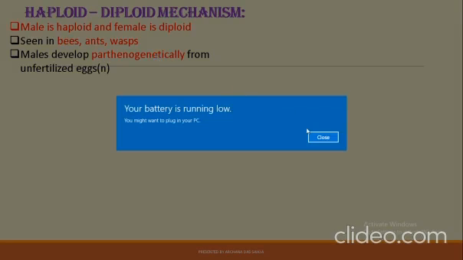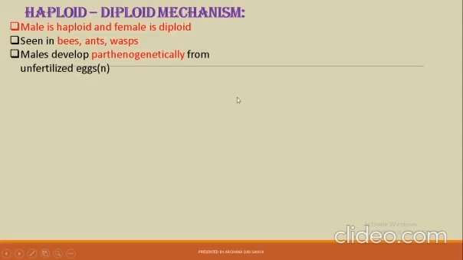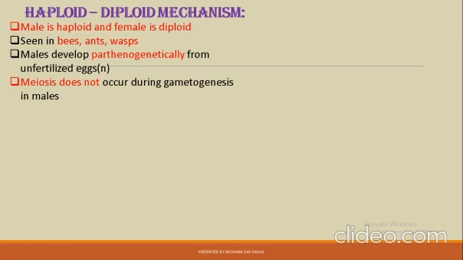It can be produced directly. Now, meiosis does not occur during gametogenesis in males. In the male individuals there is no occurrence of meiosis, that is, they don't need to produce sperms by meiosis. Quite obvious, as their number itself is haploid.